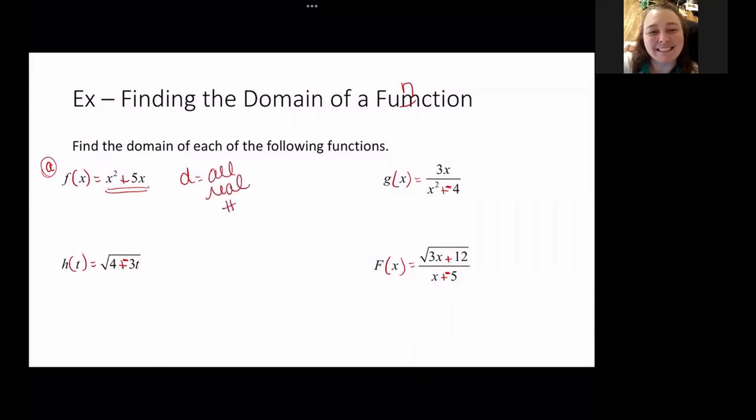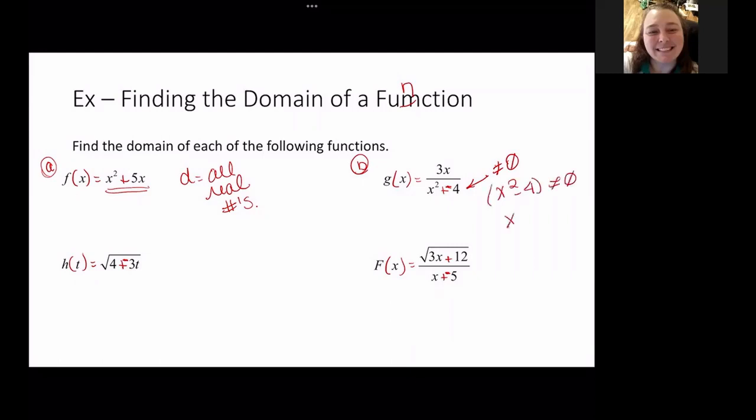Okay. Look at B here, though, on the other hand. The biggest thing about B is that if you look at it, this denominator cannot be equal to 0. So x squared minus 4 cannot be equal to 0.